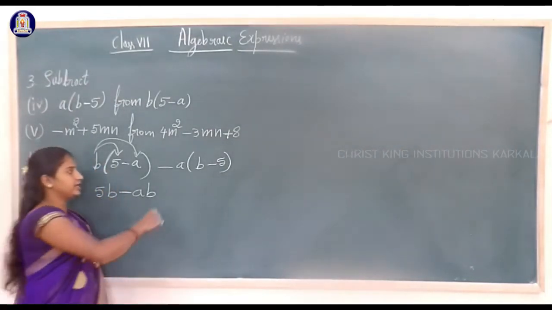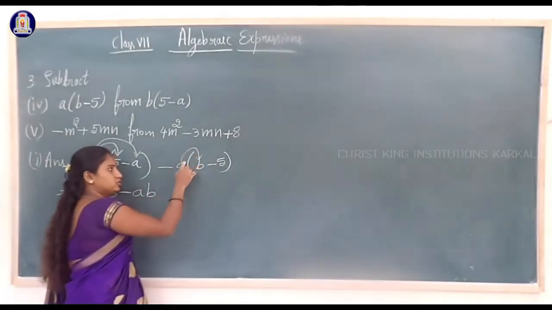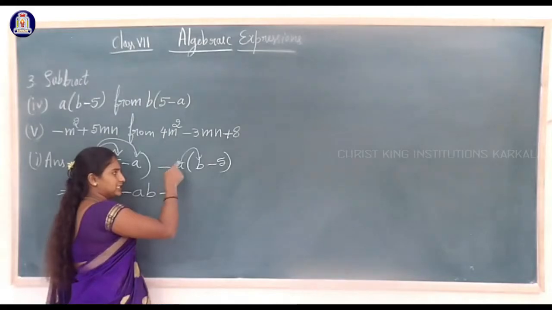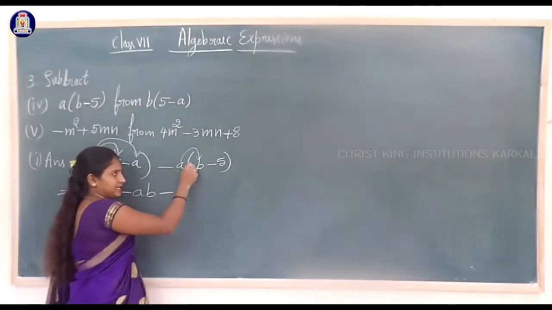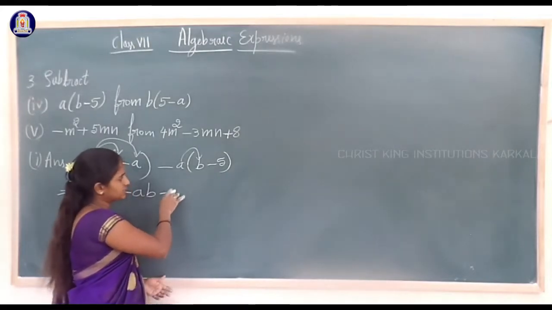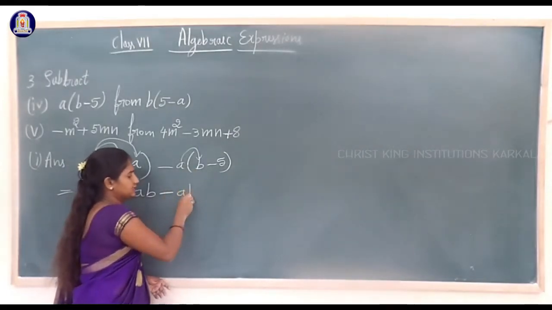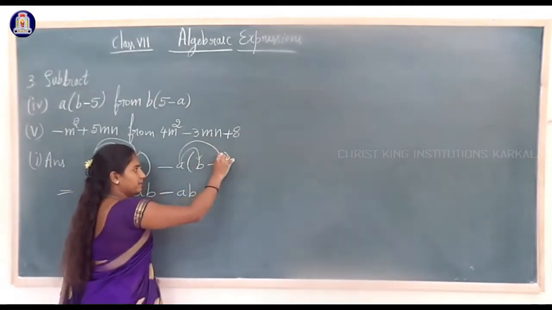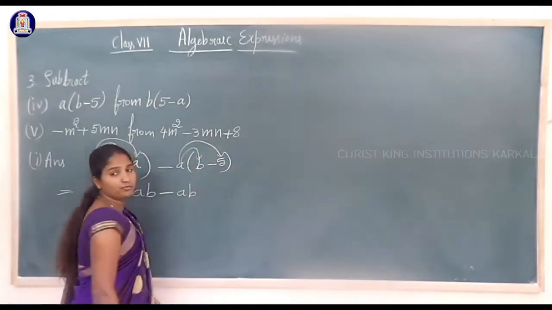Okay? Now again, a into b. This sign will be as it is. Okay? Because minus into plus, minus. Your sign is plus. So plus into minus, minus. A into b, that is ab. Similarly, multiply minus a into minus 5.